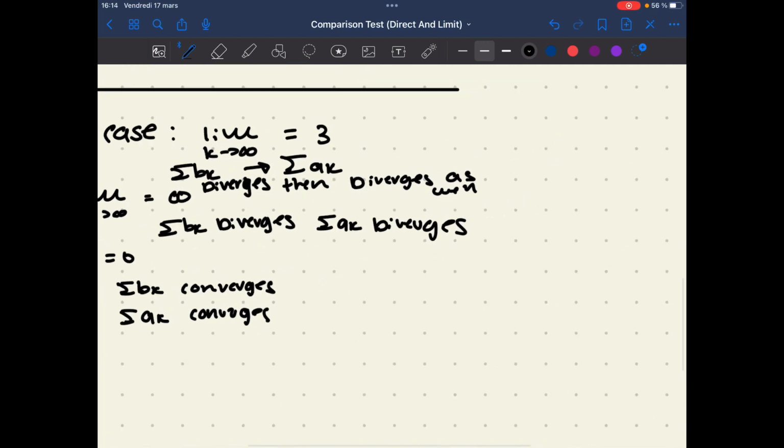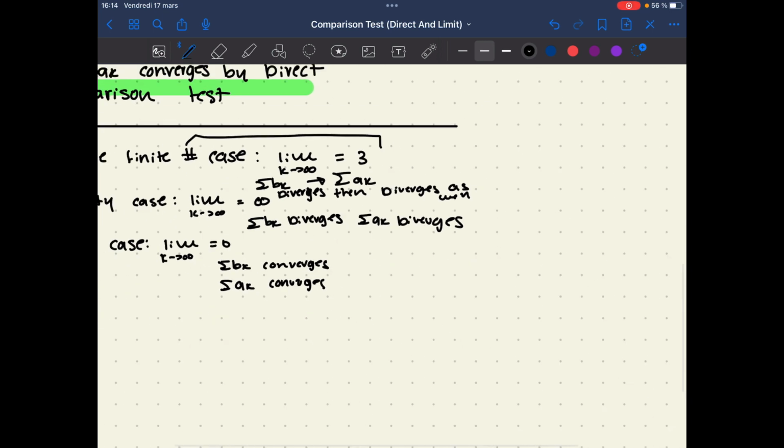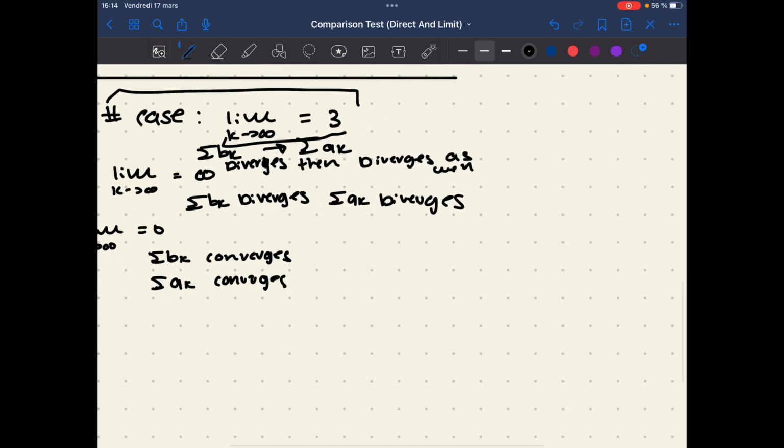One more thing, going back to the positive finite case, this says that if your limit is equal to a positive finite number, and if b sub k diverges, then a sub k will diverge as well. But if the series of b sub k converges, then the series of a sub k converges as well.